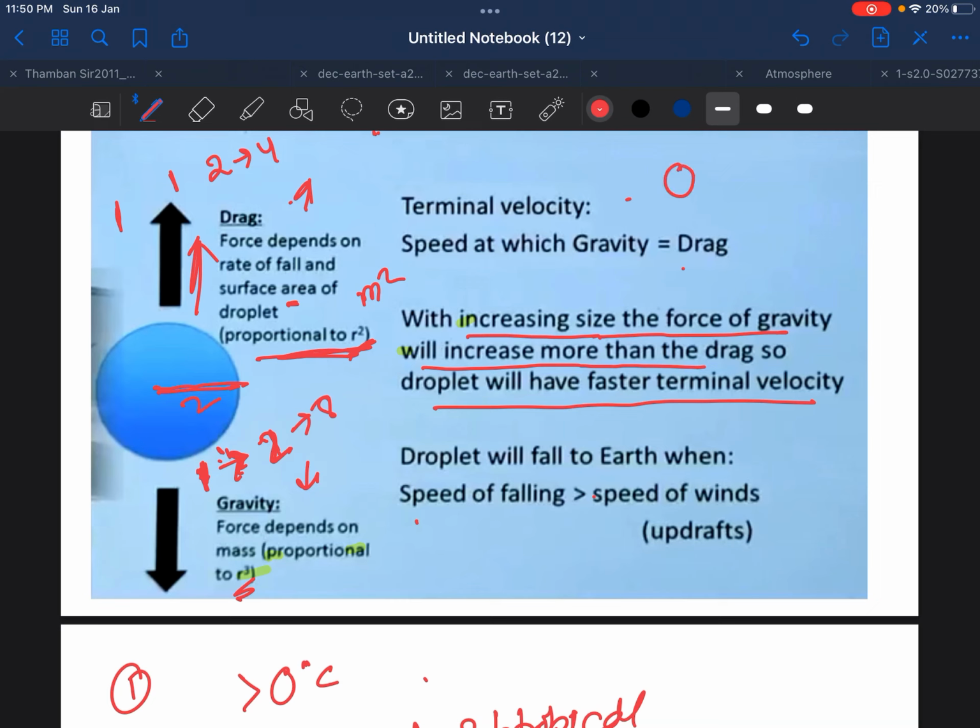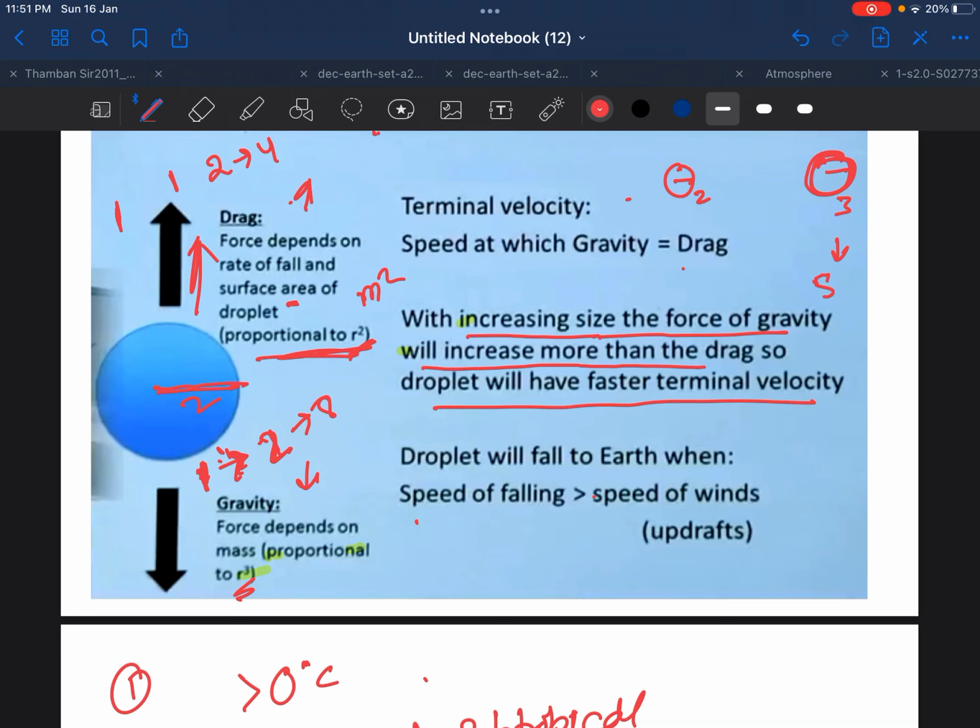So if you have two particles, say one is having 2 radius and another is having 3 radius, the terminal velocity of the bigger one will be more. Why? Because gravity is a function of mass and mass is a function of radius cube.